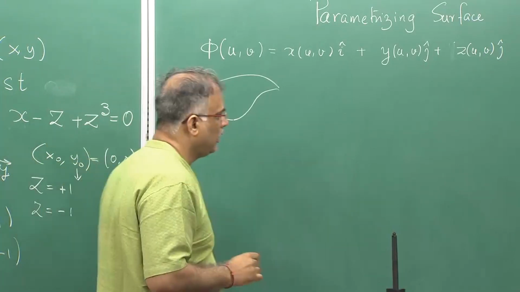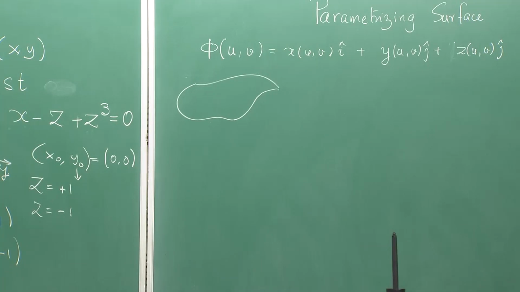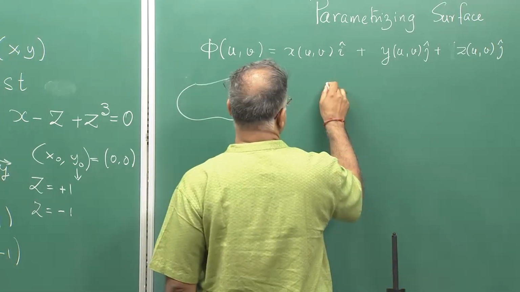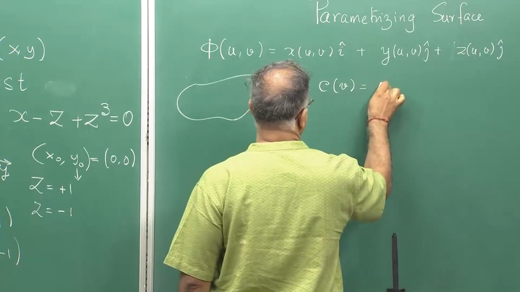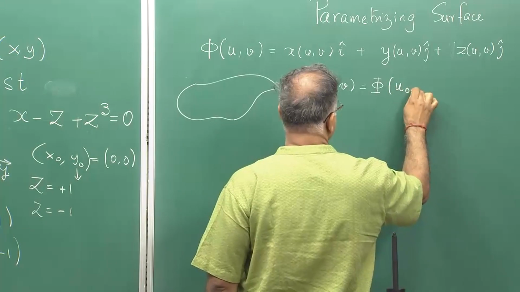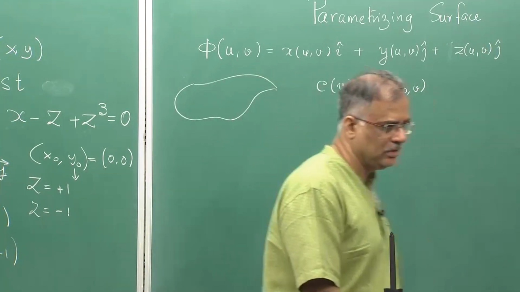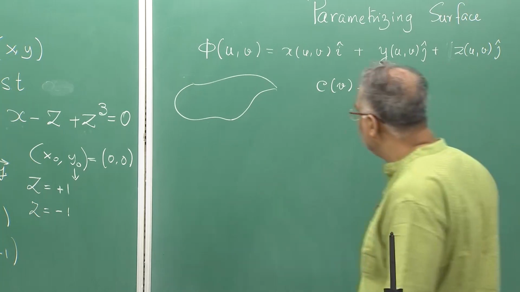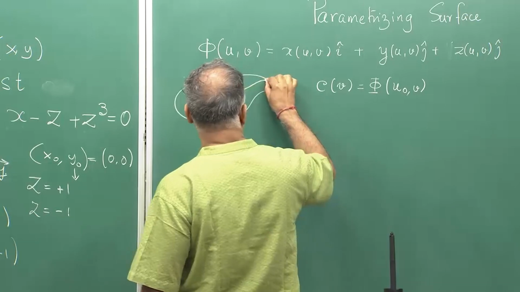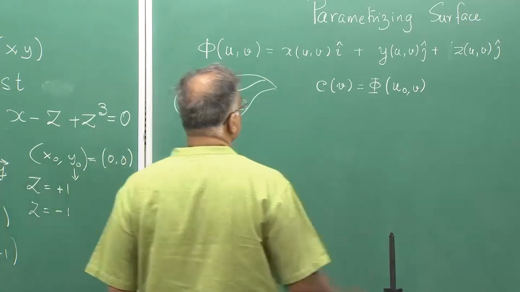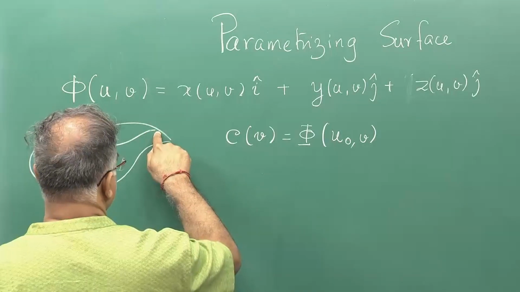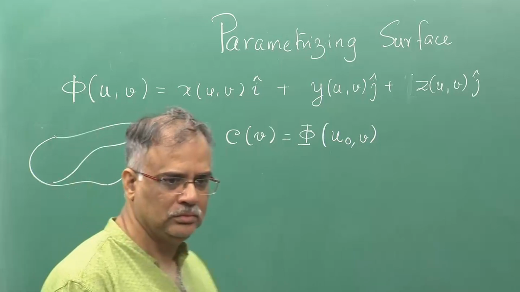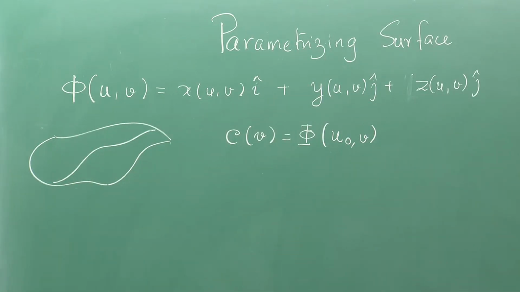Now, if I fix my u, say at u naught, then C(v) = phi(u naught, v) represents a curve which moves through all the points on the surface whose points are of the form (u naught, v). So, C(v) represents a curve.